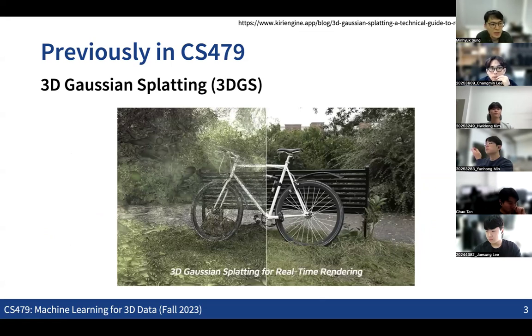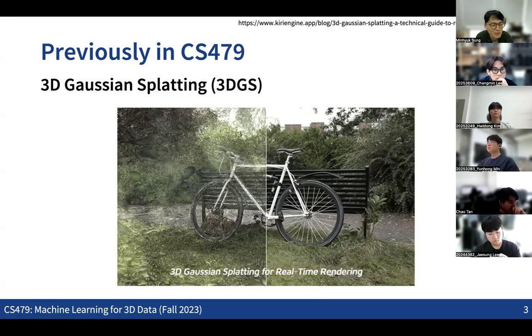So these are ideas for leveraging the volume rendering equation while reconstructing the 3D scene from multi-view images, right? But not only that, for 3D Gaussian splatting we are also seeing lots of interesting applications, right?